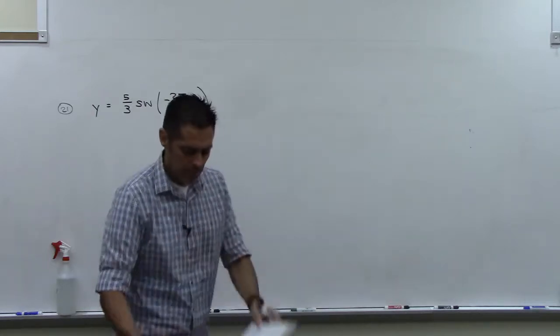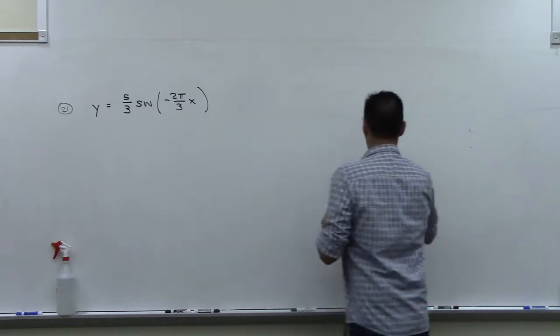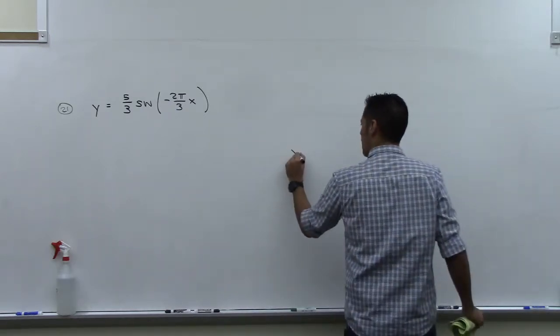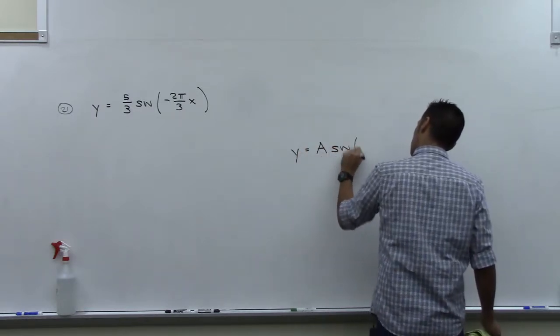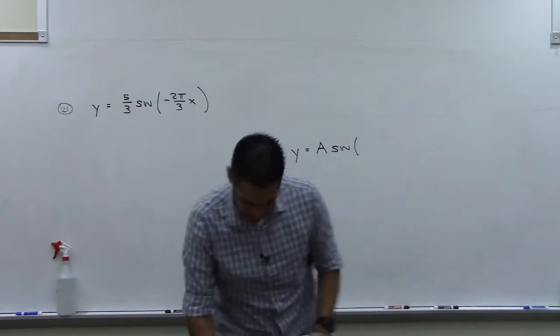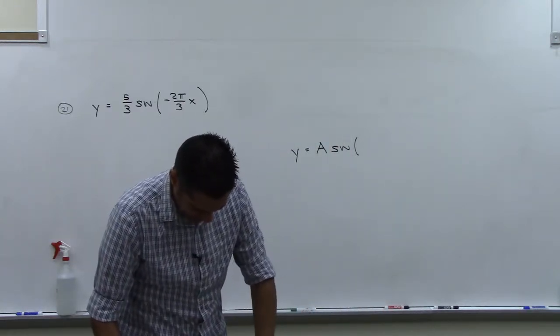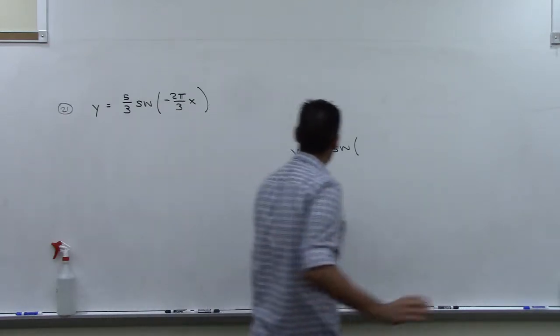All right, so we start off with the basic idea here is that if we have y equals A sine of, let's make sure I match the book here. Yeah, okay, here we go. Omega x.